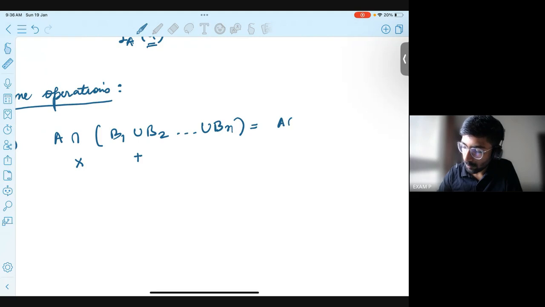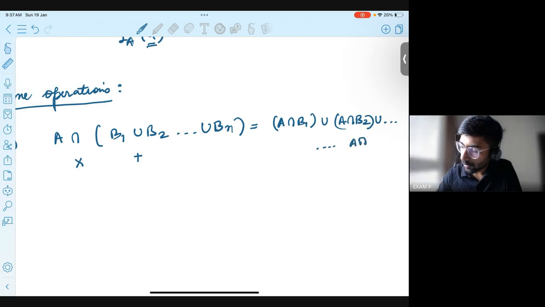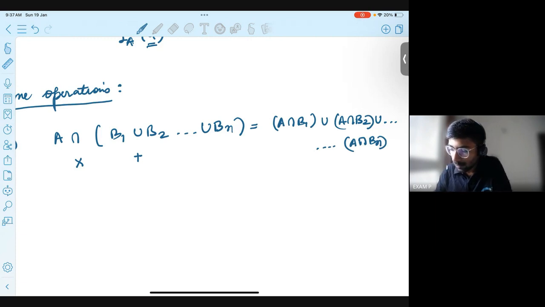Similarly here you'll do A intersection B1 union A intersection B2 union, and so on. Is it similar? Yes, sir. A intersection, the last one, will be Bn, right? And the other way around also.